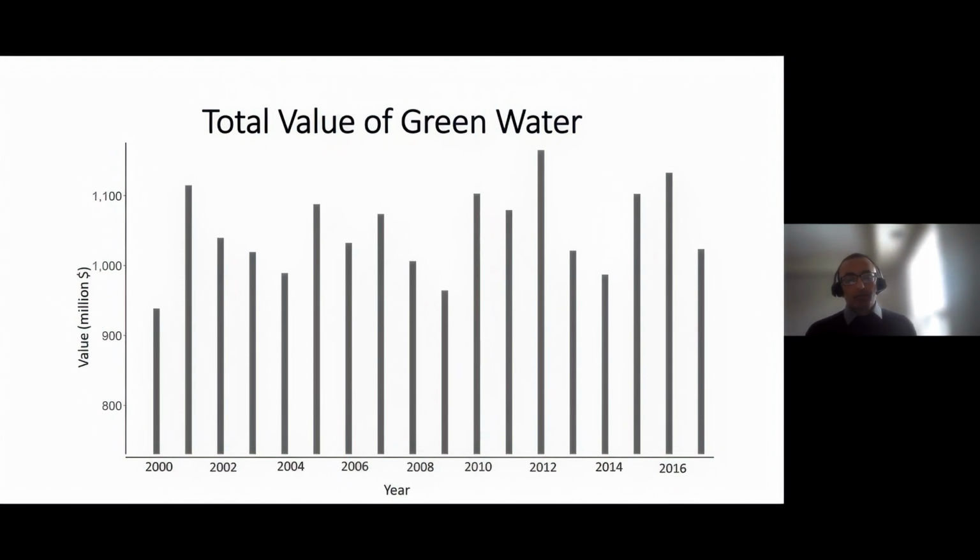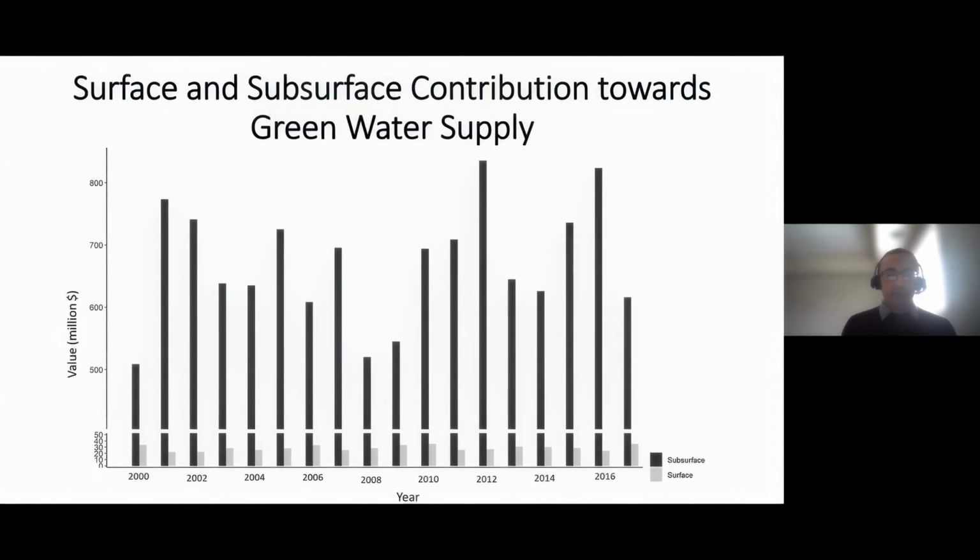Now, if we want to split this value into the subsurface and the surface storage contributions towards ecosystem services supply, we need to feed their consumptions towards ecosystem services, and we came up with these values from 2000 to 2017. And you can see that the surface water storage contribution is minuscule, below $30 million.